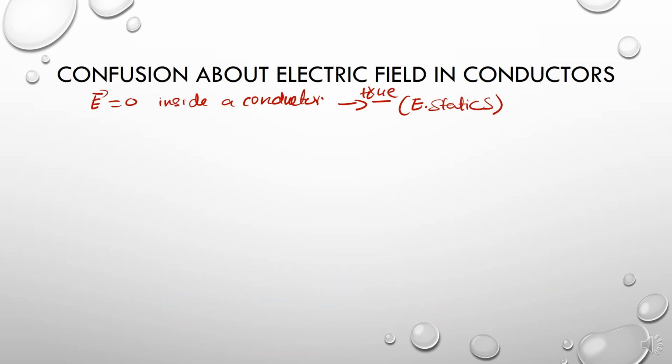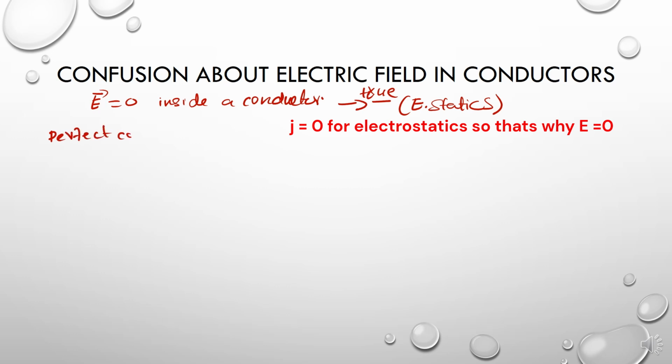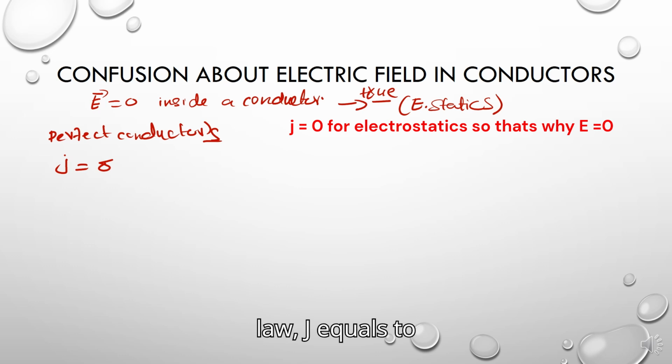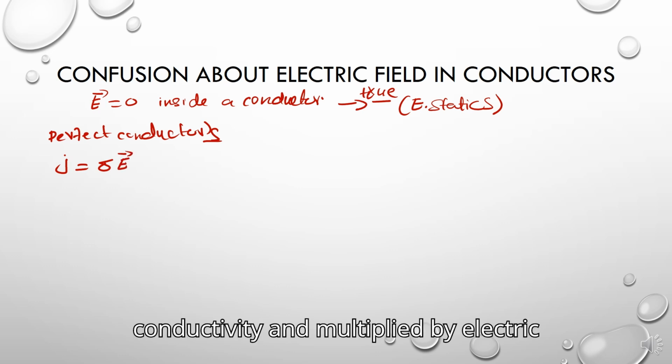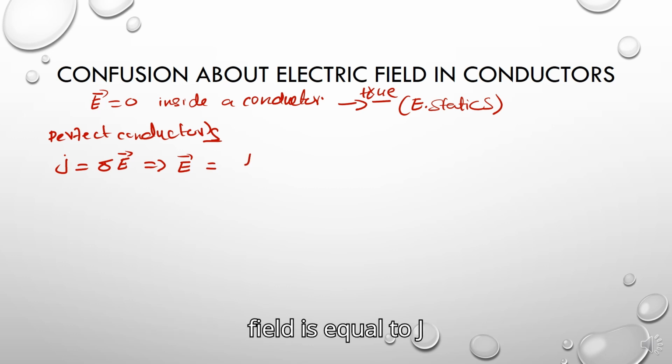Okay, but when we deal with perfect conductors, by Ohm's law, J equals conductivity multiplied by electric field. So this implies that the electric field is equal to J divided by conductivity.